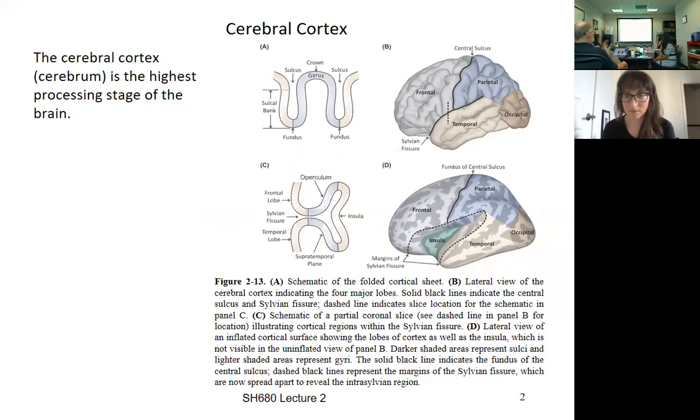There's the central sulcus, which splits up the frontal cortex and the parietal cortex. Immediately in front of the central sulcus are motor areas, primary motor cortex. Immediately behind are somatosensory cortical areas, and those are aligned, as we saw before, with the body representation. Body parts align with each other.